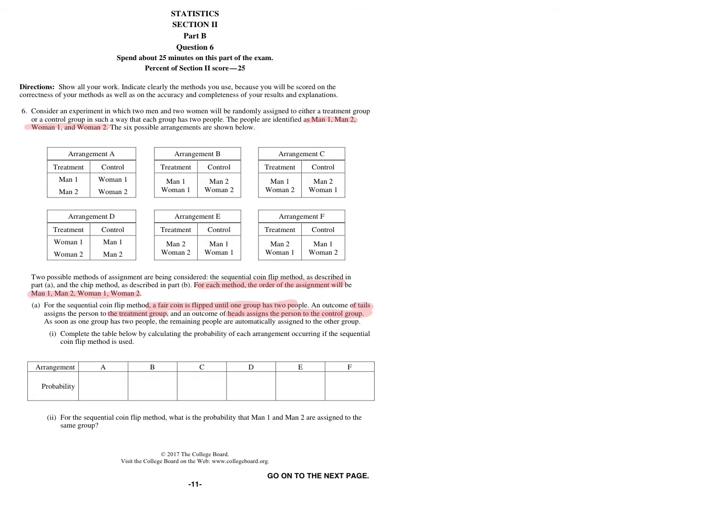So if we look at arrangement A, what has to happen is that man 1 needs to go to the treatment and man 2 needs to go to the treatment, which means they both need to flip tails. The first flip has to be tails, and then the second flip has to be tails, and then the crazy thing is you're done, because there are already 2 people assigned to the treatment. The control group is going to get everyone else, in this case woman 1 and woman 2.